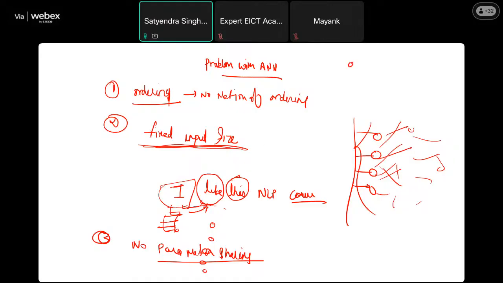For example, let's say you have this neural network, where this is your input, this is your hidden layer, and this is your output. Let's say x1 and x2 are the inputs, and the output is O. This particular input node one is connected to hidden node one.